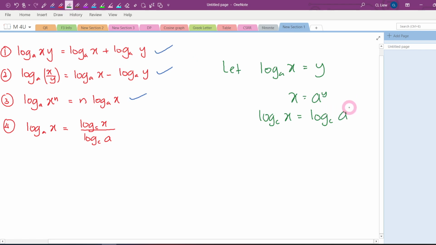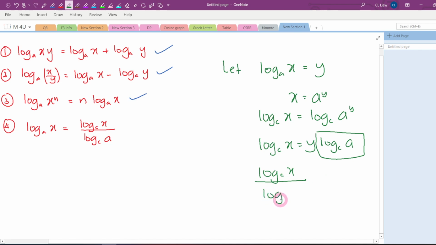So here you have y. Now, applying this property, you know that the y, you can bring it down. This is y times this. Bring the whole thing over here. It becomes log base c of x over log base c of a is equal to y.